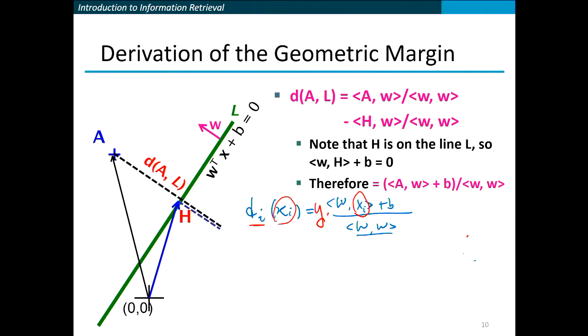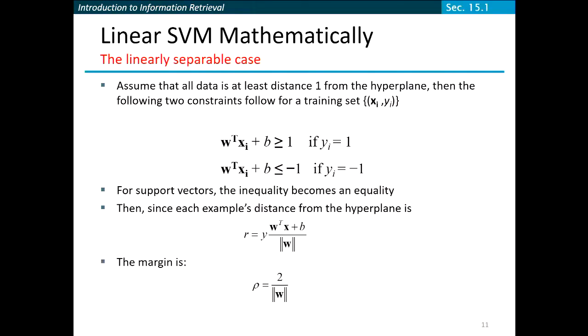Of course, we can put a constraint on w, but more commonly, we put a constraint on the separation. The general idea is that we want to impose the condition that for every positive example, the function margin is at least 1. And for the negative ones, the function margin is at most -1.